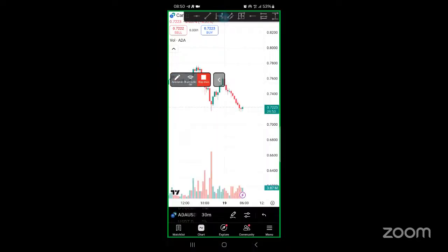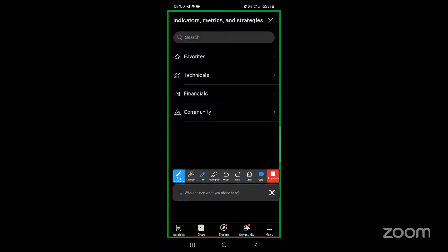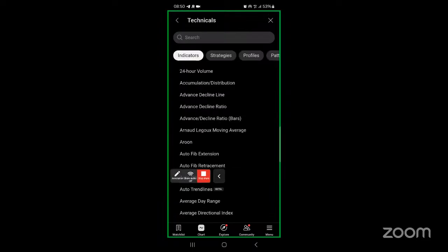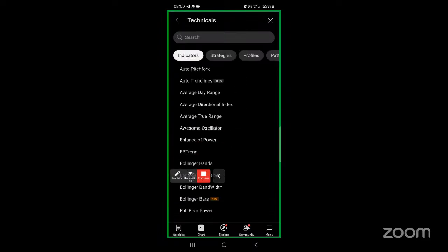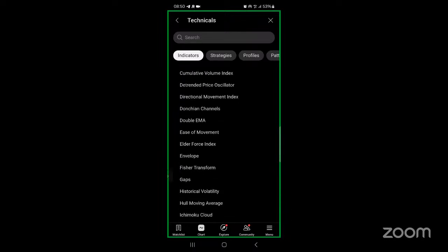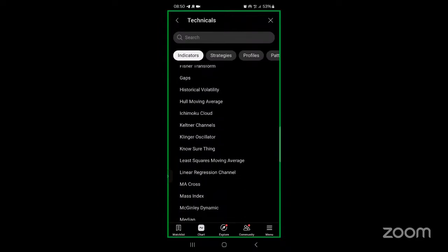When I tap on indicators, they are going to bring me different indicators, but I need technical indicators. When I tap on technical indicators, they are going to bring me a lot of indicators. However, I am looking for moving average convergence divergence.